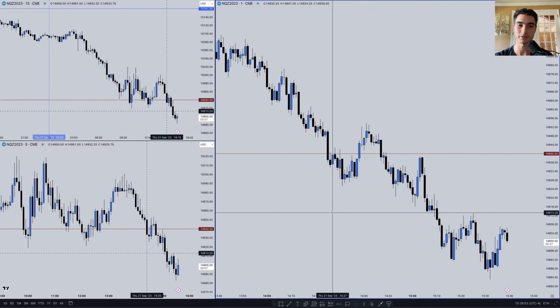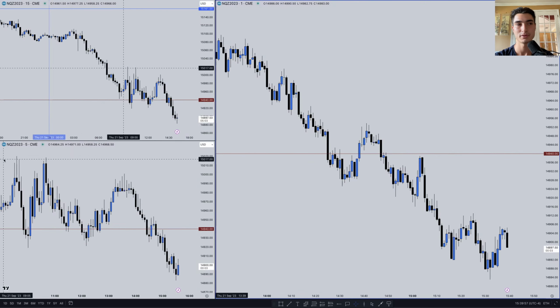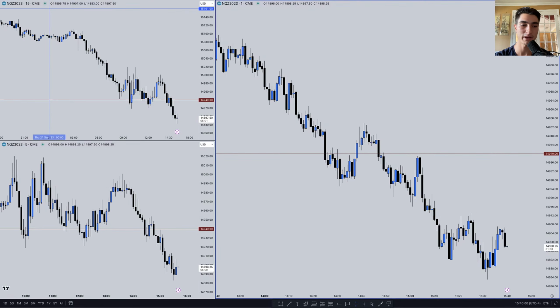So I would want to see some type of displacement with the fair value gap, just confirming institutional sponsorship behind that move. So definitely, and especially for counter trend trading or trading retracements, I significantly reduce my leverage because again, it is counter to that higher time frame institutional order flow.